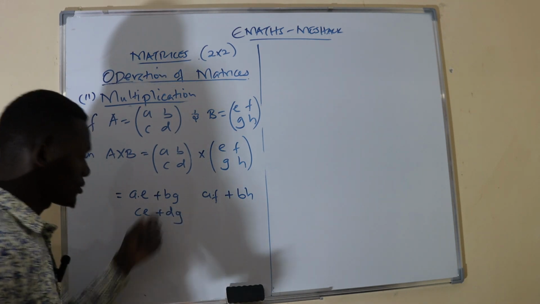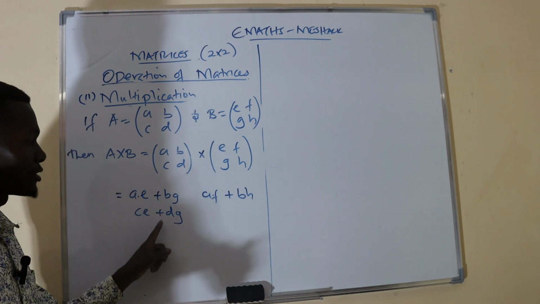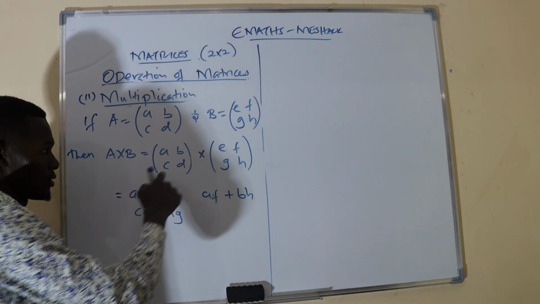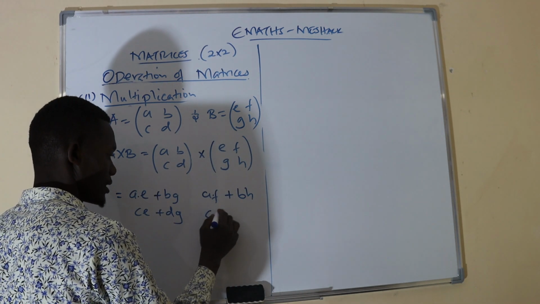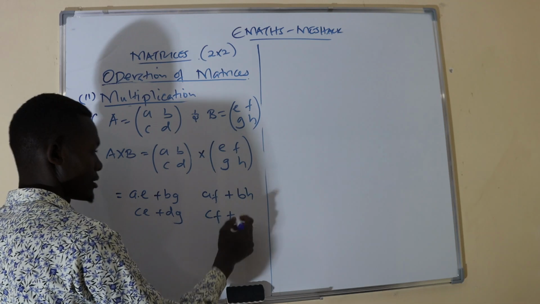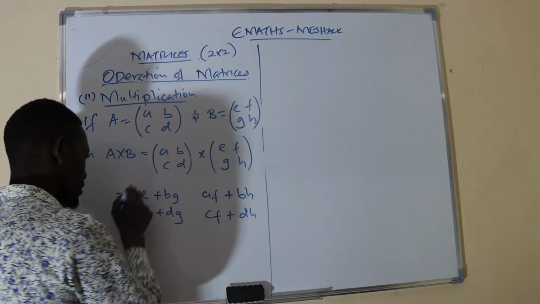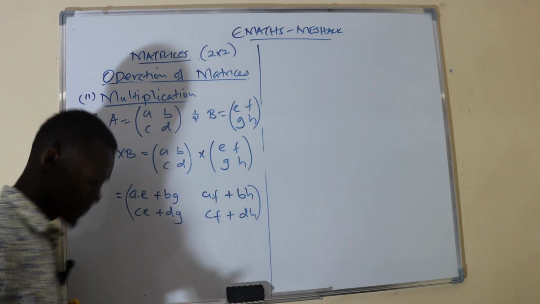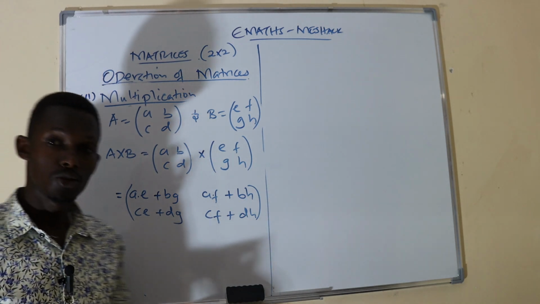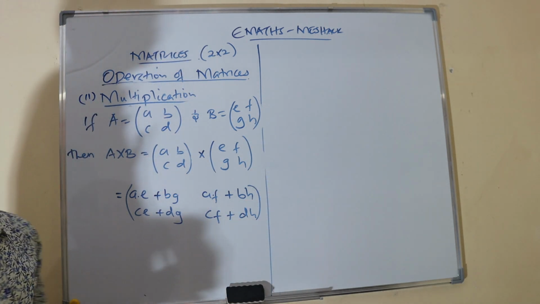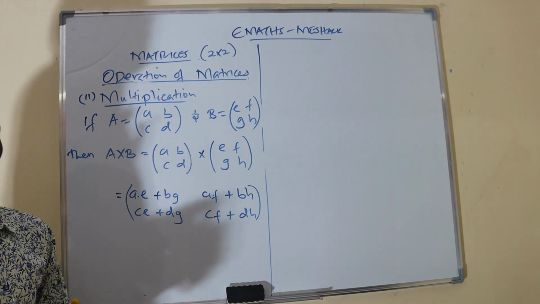Now remember, we are doing addition between the terms. Then you have C times F, we have CF, then plus D times H, we have DH. And that will be the result of any 2 by 2 matrix multiplication.